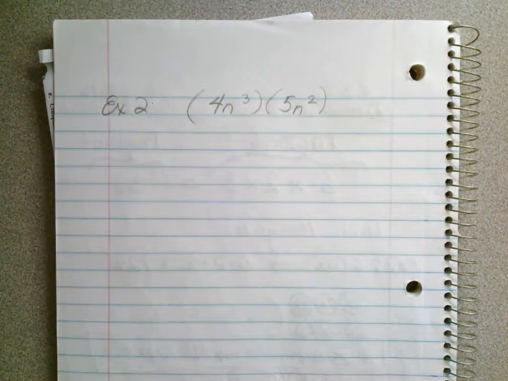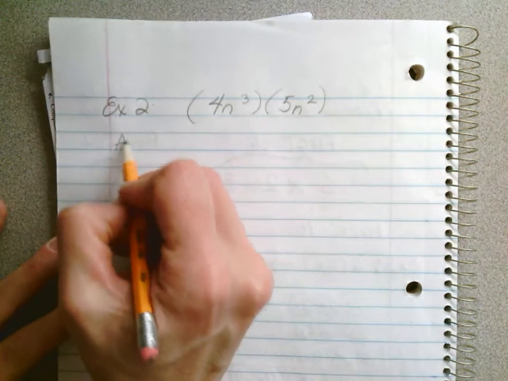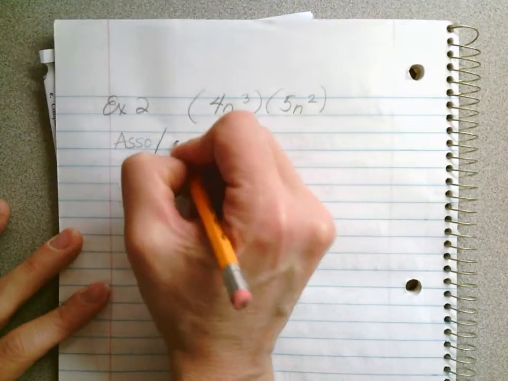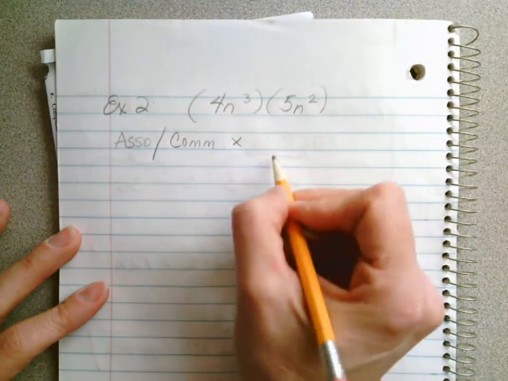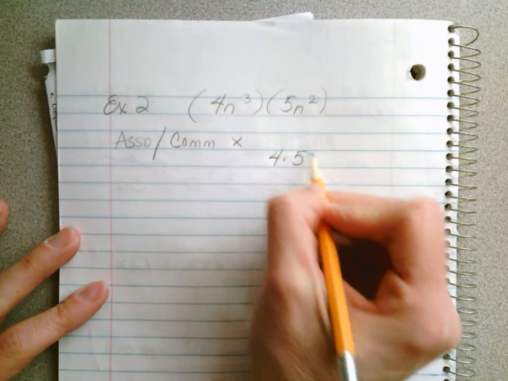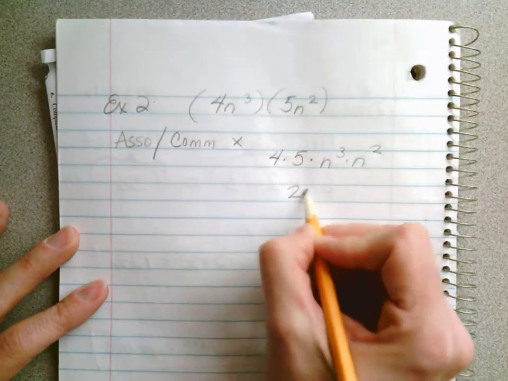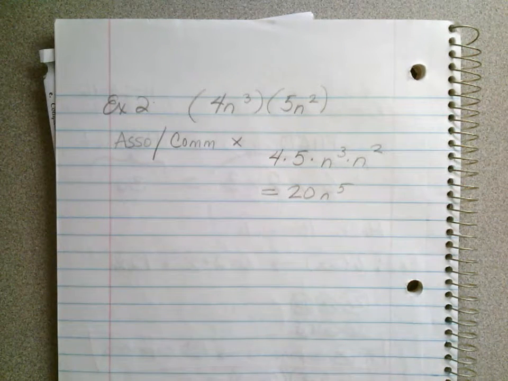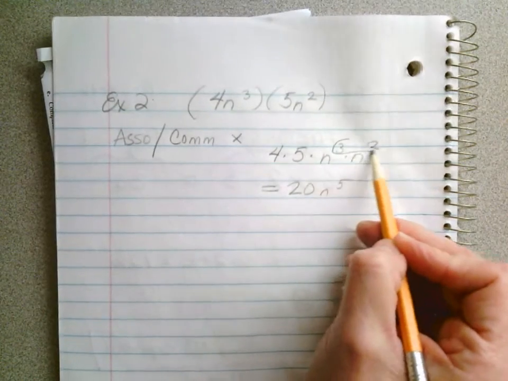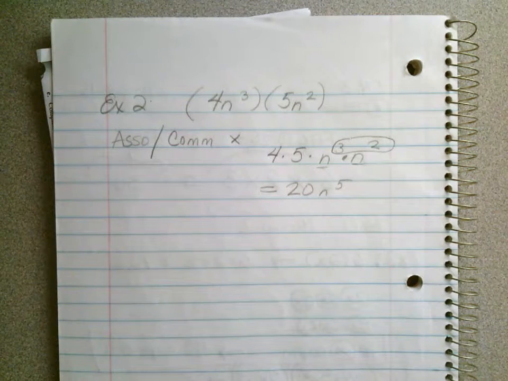Because of the associative and commutative properties, we can associate and commute in multiplication to make it more convenient. I would do 4 times 5 times n cubed times n squared, 20n to the fifth. Okay? Remember, you simply add your exponents together when you are multiplying.